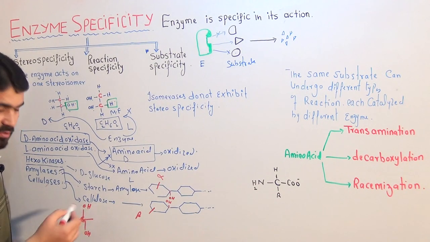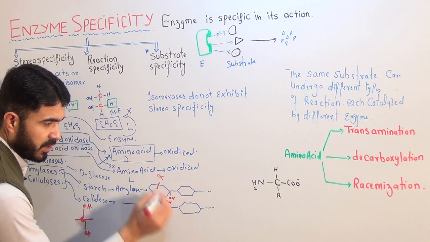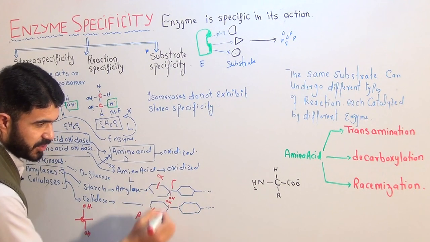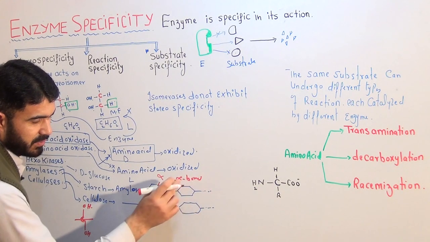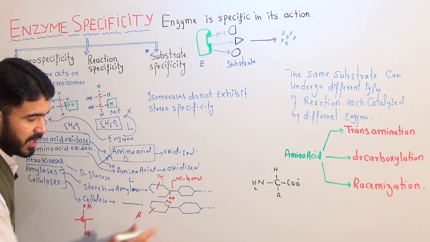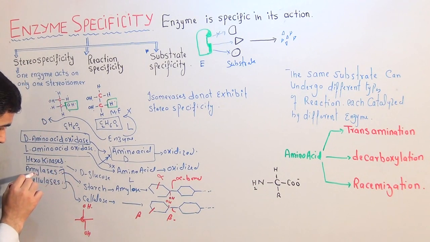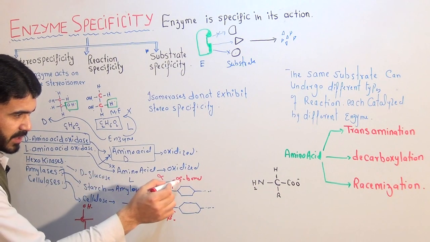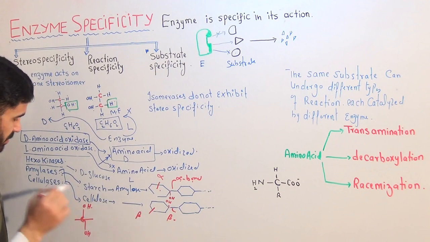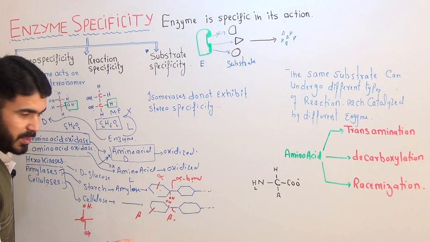In this case it will be called beta sugar, and this will be called alpha sugar. Because of this alpha and beta sugar, the bond is called alpha glycosidic bond, and this bond is called beta glycosidic bond. Now amylases act on the amylose to act on the alpha glycosidic bond, and cellulases act on the cellulose to act on the beta glycosidic bond.